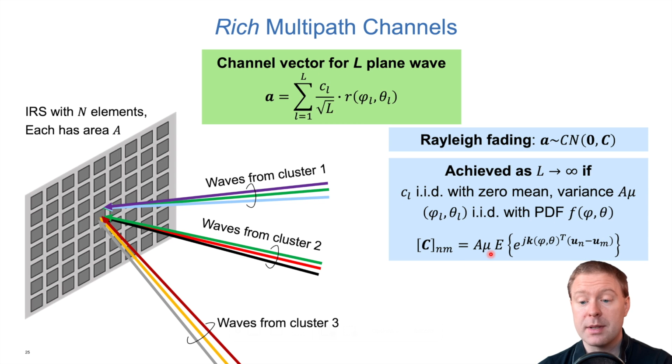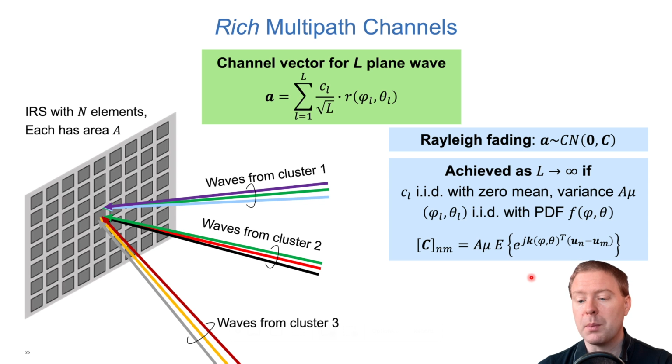We get c_l times c_l conjugate, and we are also getting the array response. In these array response vectors, we were having terms of this kind here for element n and for element m, and when we are taking the expectation here of nm, we will get the element from n, and we'll get the element from m with the conjugate on it, and that's why we get these expectations here.